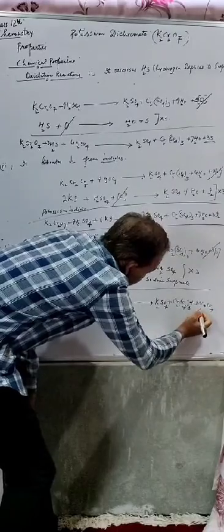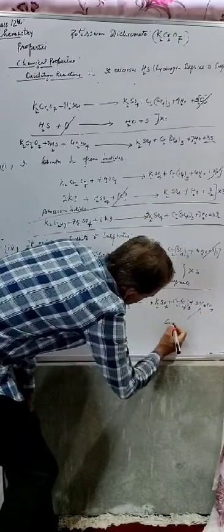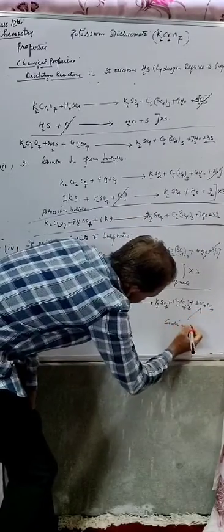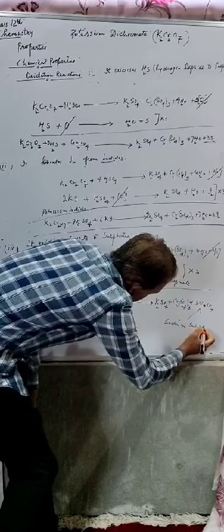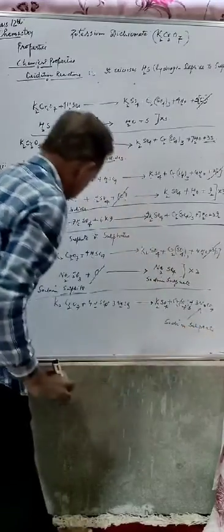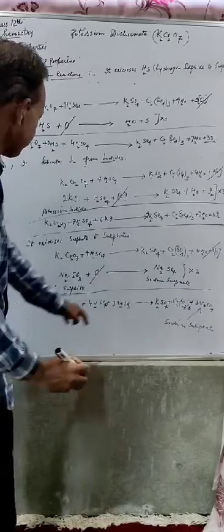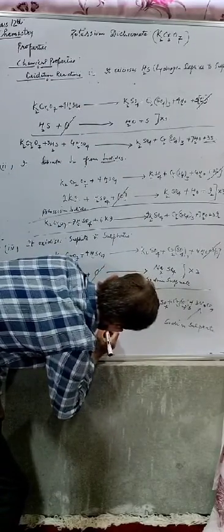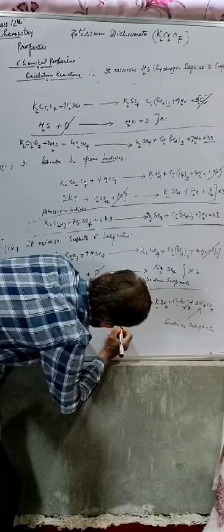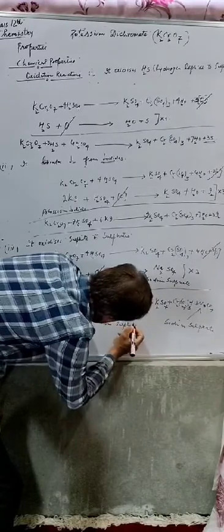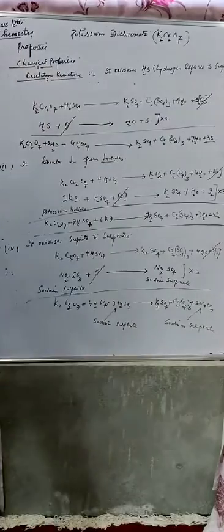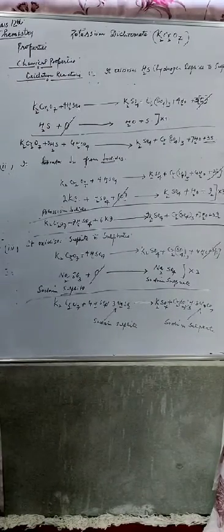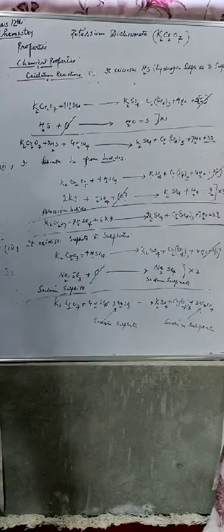This is sodium sulfate. So sodium sulfite gets converted into sodium sulfate.